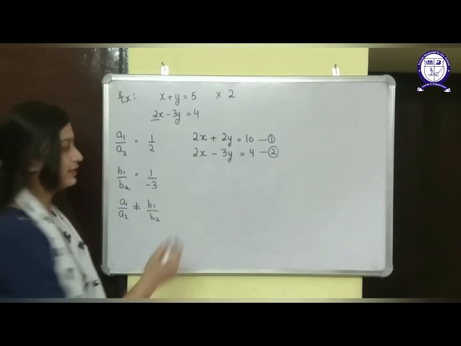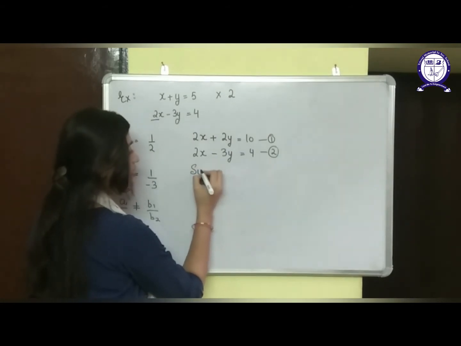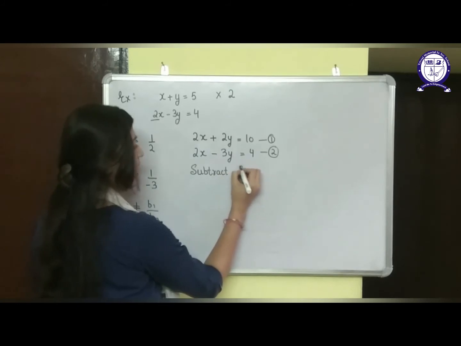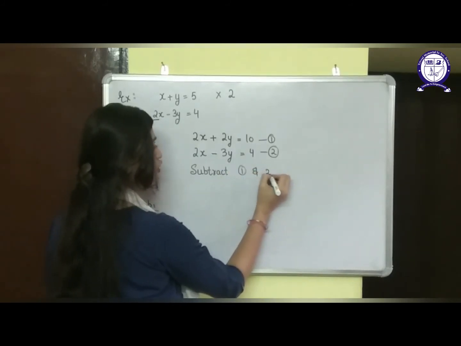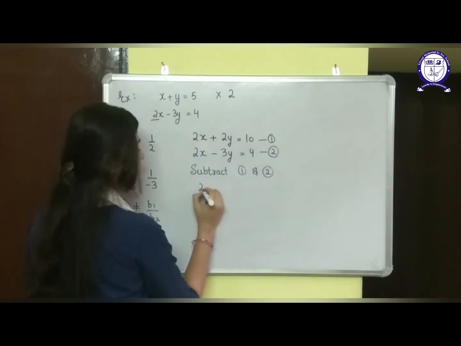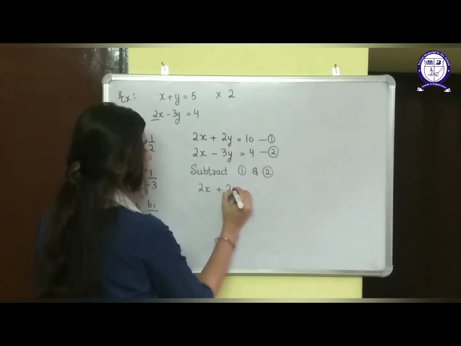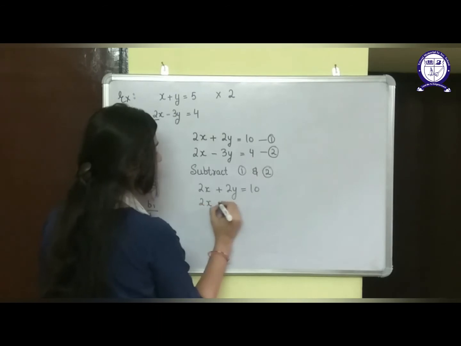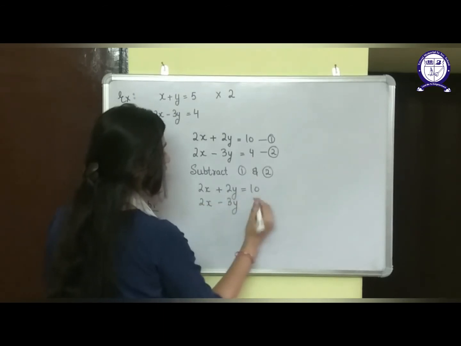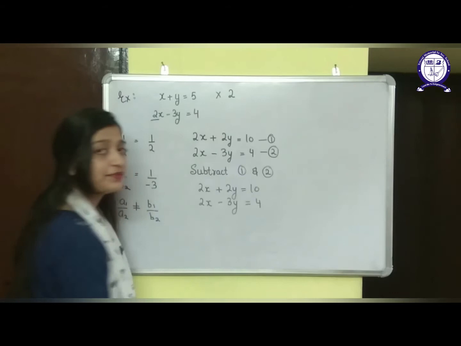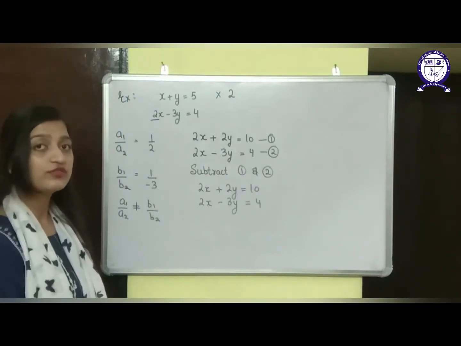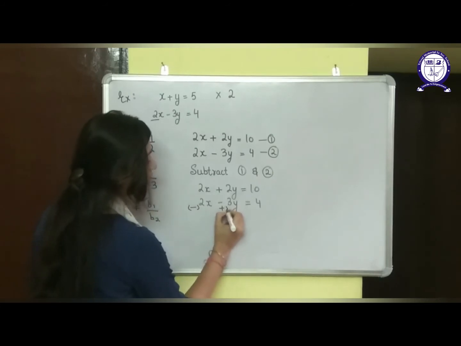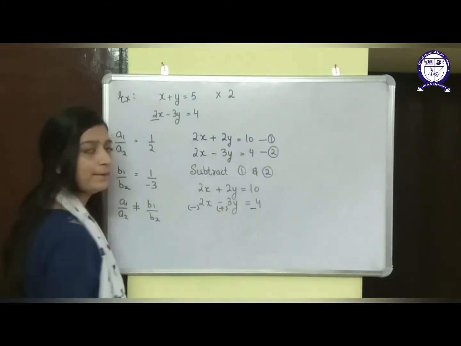So I subtract 2 from 1: 2x plus 2y equals 10, 2x minus 3y equals 4. Since I am subtracting, the signs of the second equation will change: it will be minus, then plus, and then minus.